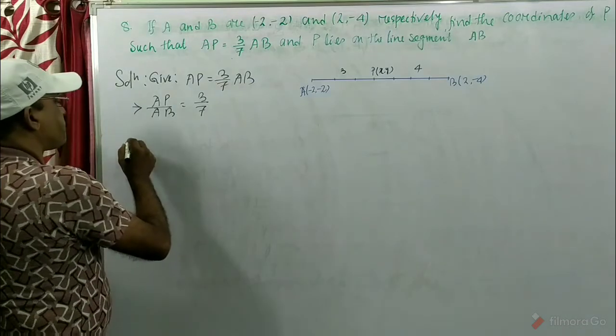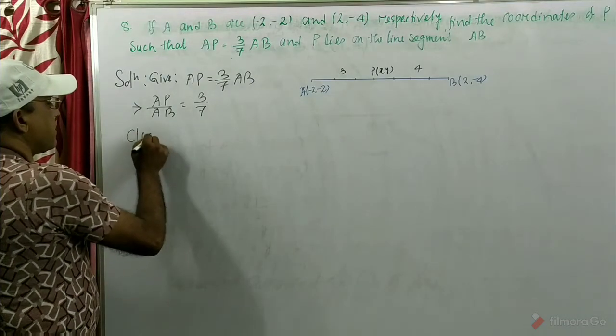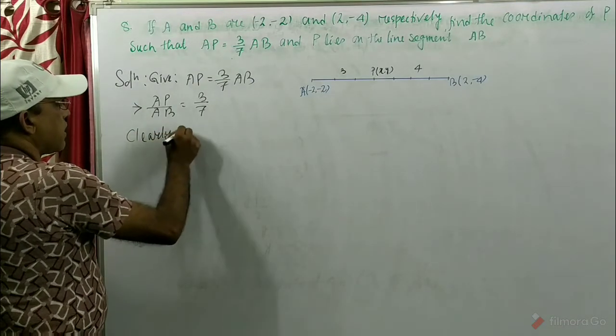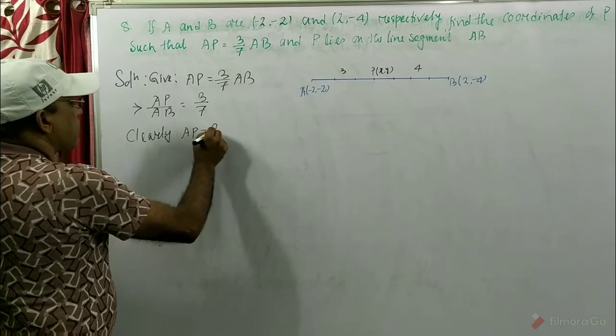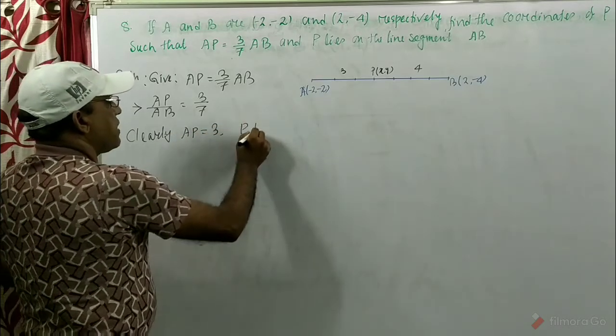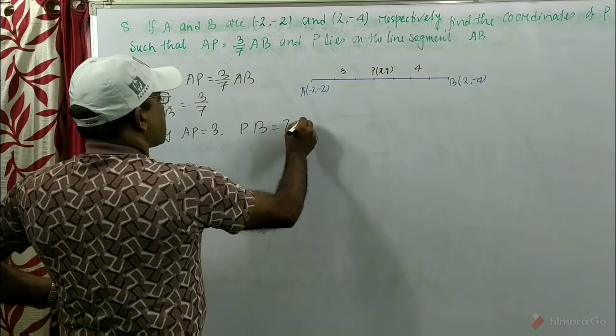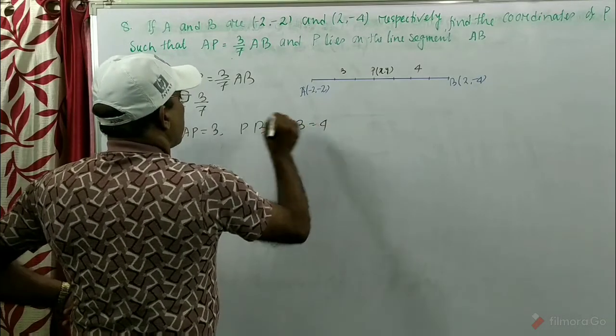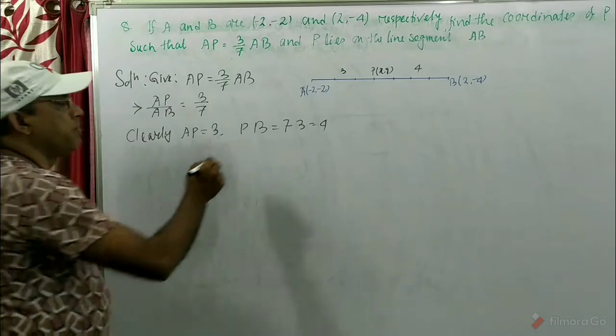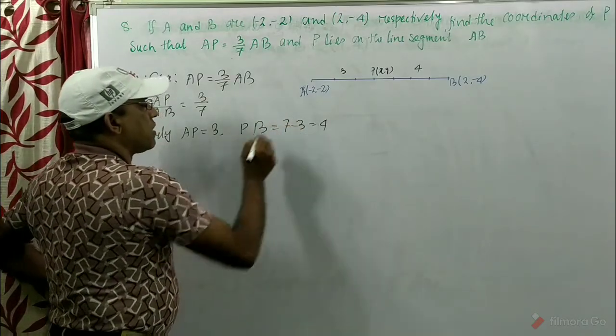So, the solution: clearly AP = 3, PB = 7 - 3 = 4. We get PB is 4.